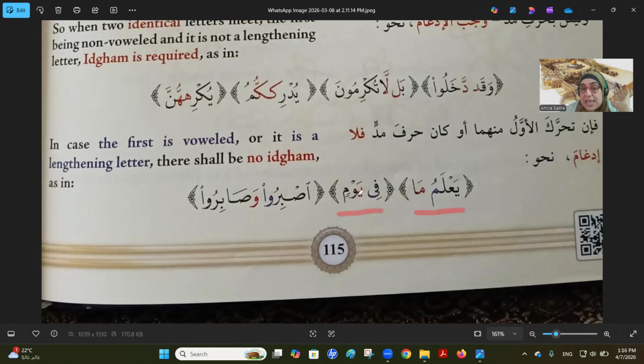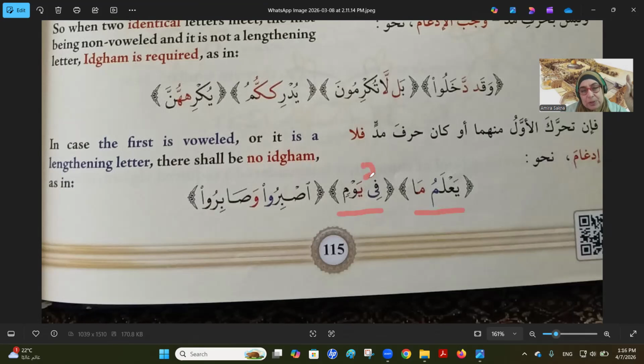Here, I have ya and ya. Yes, identical. But what is the condition which is not available here? Yes, the first letter is a lengthening letter, a mad letter. In such a case, merging will not be applied. Fi yawm, fi yawm. And this is going to be two counts.